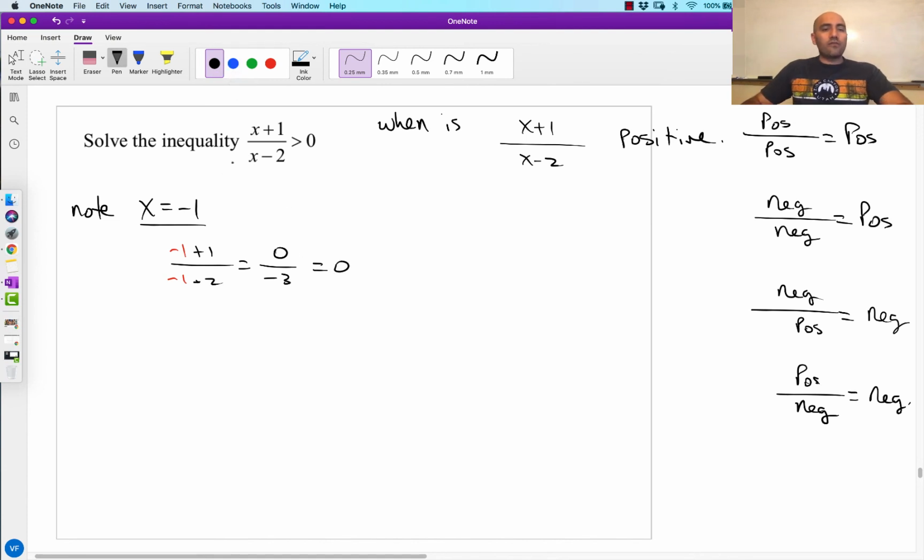And also we need all the places where the denominator is 0, or all the places where the function is undefined. Again, note that (2 + 1) divided by (2 - 2) equals 3 over 0, which is undefined.